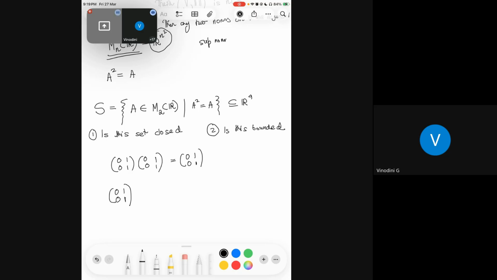Exactly. Can you tell me what the characteristic polynomial of this matrix is? Just this matrix. Do you know how to calculate the characteristic polynomial?